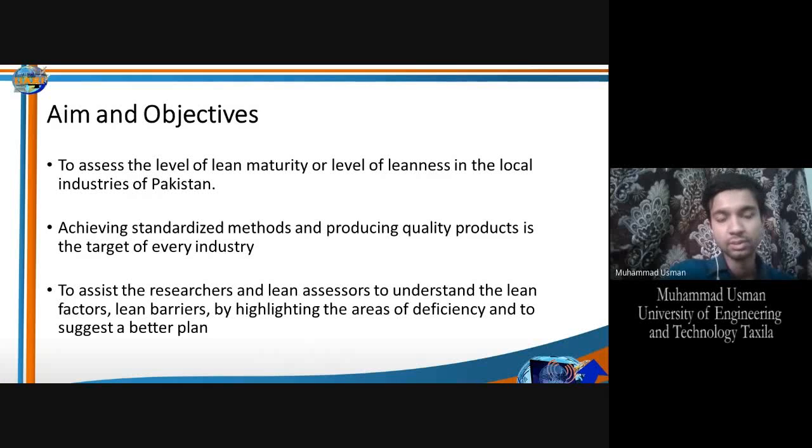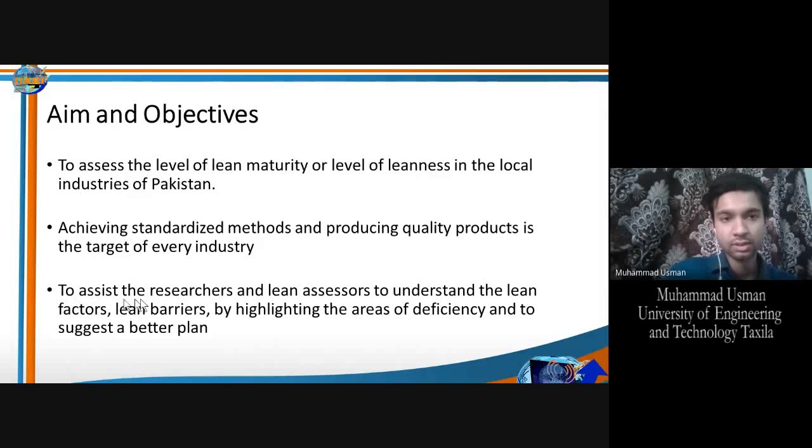There are some product manufacturing industries which are producing but not standardized. So it is very crucial to achieve a standardized method and produce quality products in every industry so that our exports may increase, which increases the revenues.